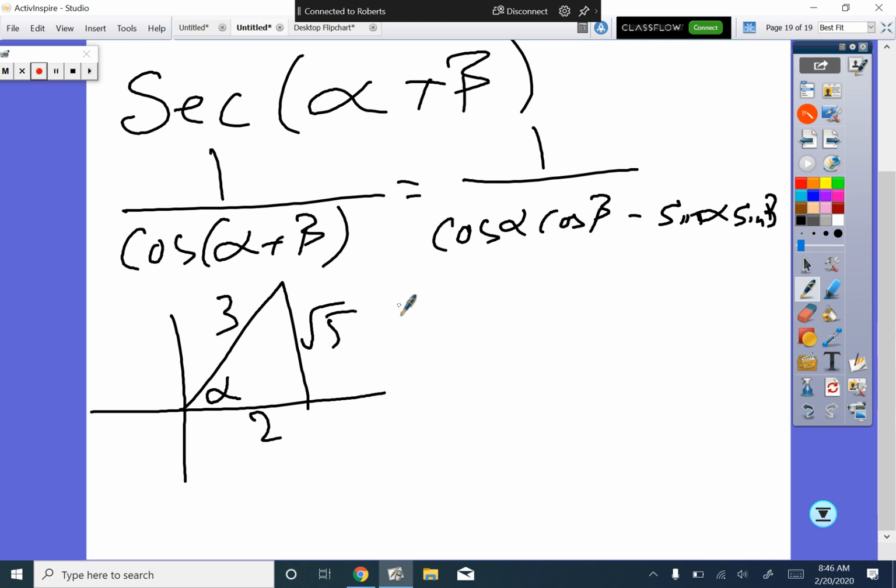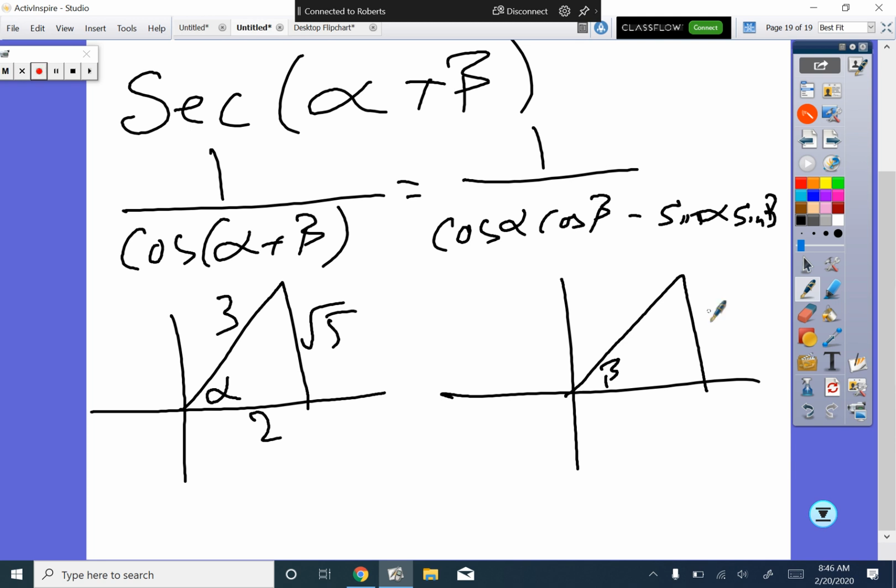That's alpha's triangle. Beta's triangle will also be in quadrant 1. And his is 2/3. So this guy over here is root 5, right? Everybody there with me? Yes, no? Oh, sorry. Just stretching.